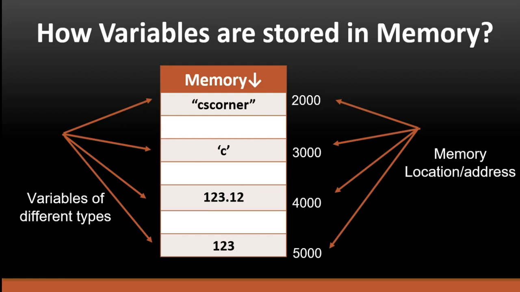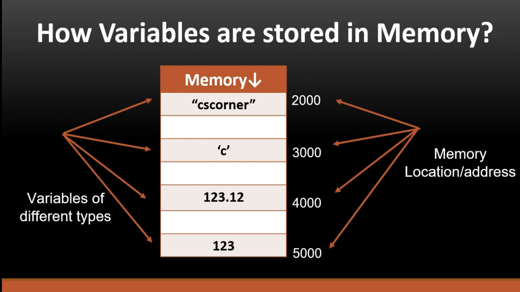To store this data, what I'm going to do is create variables. And variables are stored in memory locations. Each memory location has a specific address, or we call it a memory location. So you can see in this diagram, CS Corner, which is string data, has memory address 2000.